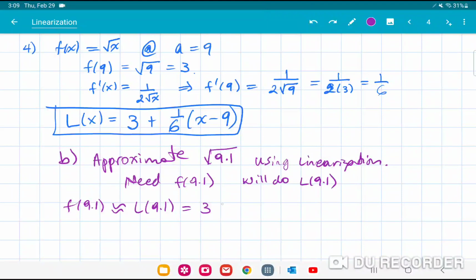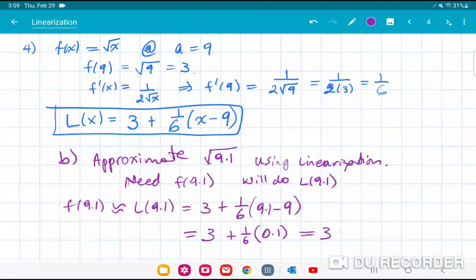That's 3 plus 1/6 times 9.1 minus 9. This is the number 3 plus 1/6 of 9.1 minus 9 is 0.1. That's 1/10, which is 3 plus 1/60. Because this is 1/10. 1/6 times 1/10 is 1/60.